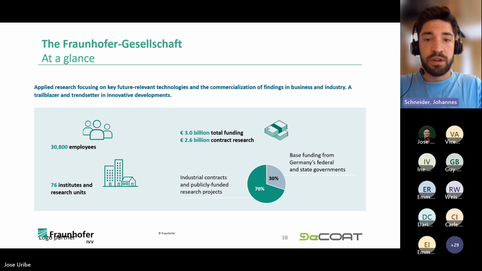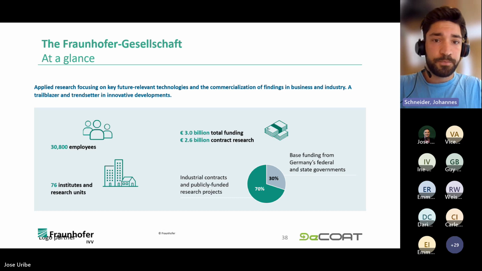Just some examples are microelectronics, material science, life science, and of course, how we can deal with the huge plastic waste problem that we are currently facing all over the world. And our budget is composed of 30% base funding from Germany's state government and the federal governments. And the rest, 70%, is generated by public and industrial research projects.